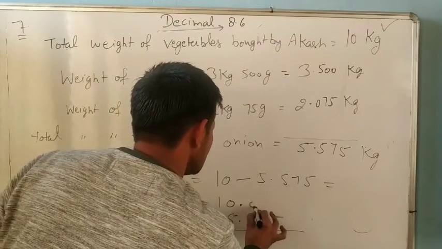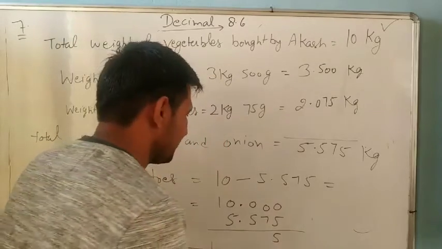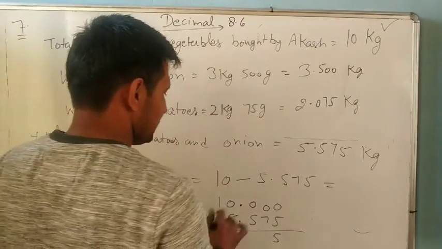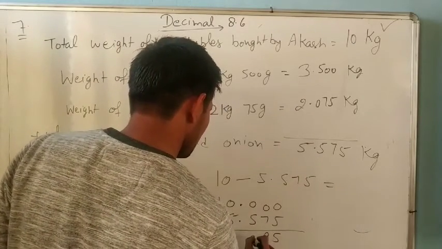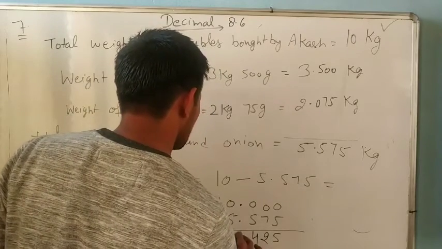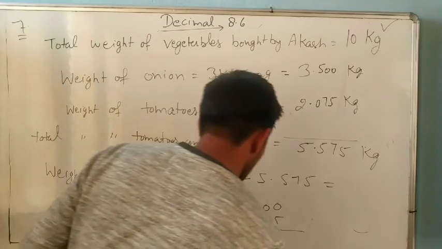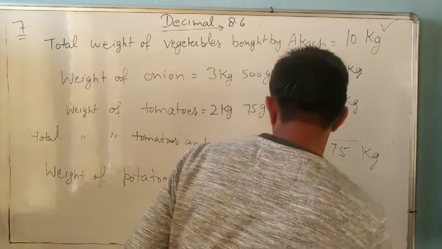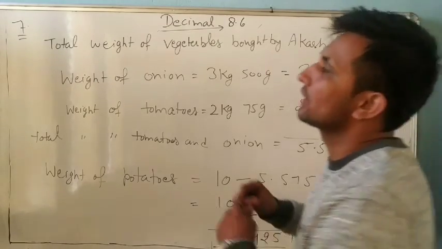Decimal in the same line, 0 0 0. 10 minus 5, 5. Here 9 remains. 9 minus 7, 2. 9 minus 7, 2. 9 minus 4, 5. 9 minus 5, 4. Understand it? So 10, 9. Yes, it is our answer. So how much is the weight of potatoes? 4.425. Okay.